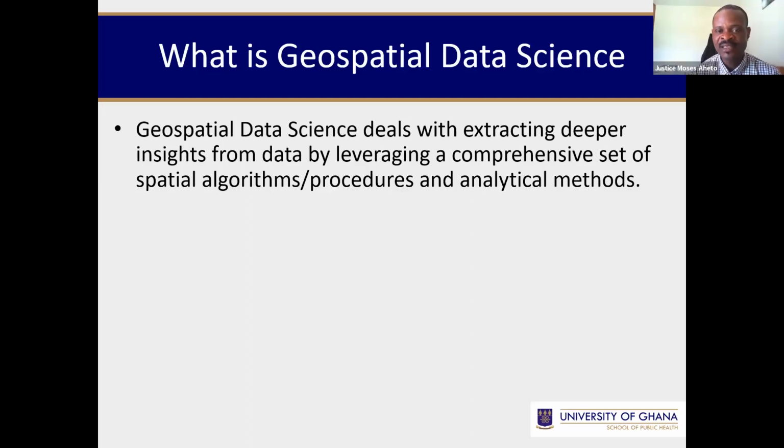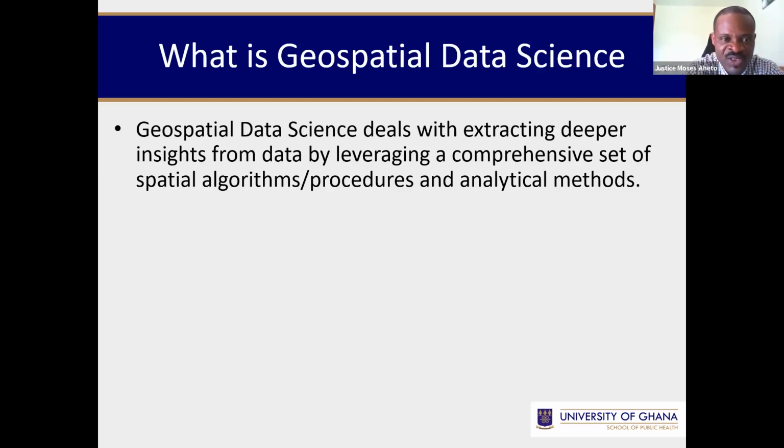In geospatial data science, basically, the goal is to go deeper and to extract some insights from the data that is available to you. There are lots of facilities and procedures available that help us to extract geographical information and then combine that with available data to produce reasonable results that can be used by policymakers for decision making.